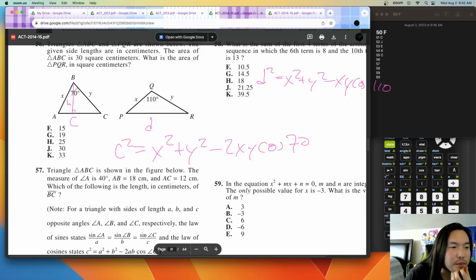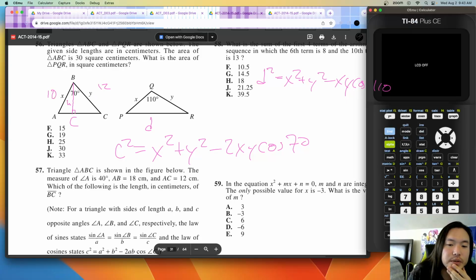I guess one thing that we could try is, I'm gonna try this. What if I just start plugging in some numbers? What if I just start testing some numbers for x and y? What is gonna happen there? So what I could do is, let's say x is 10 and y is 12. What happens if that is true?